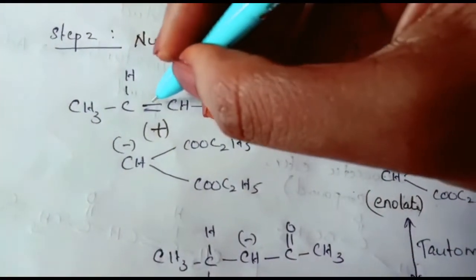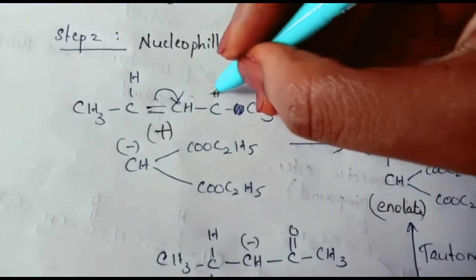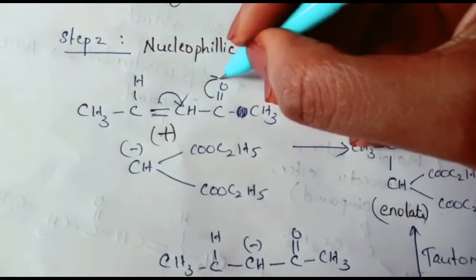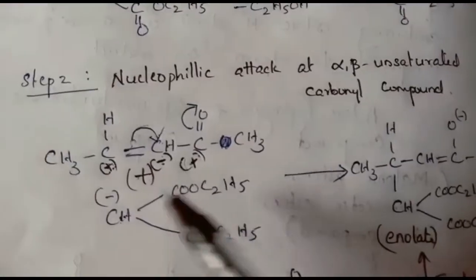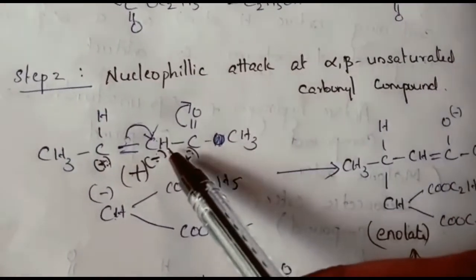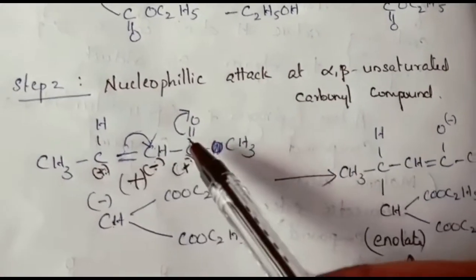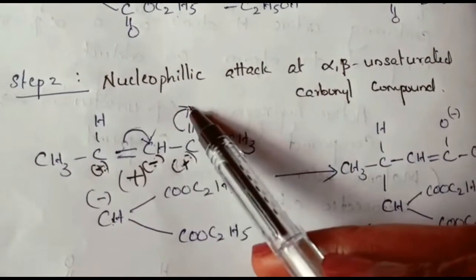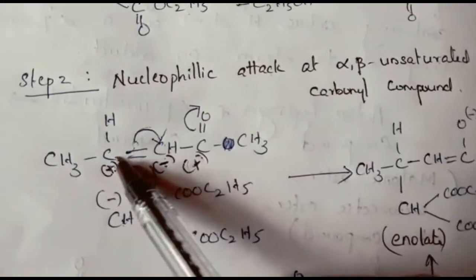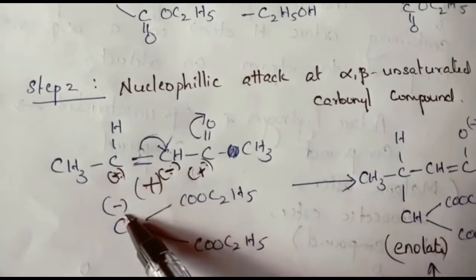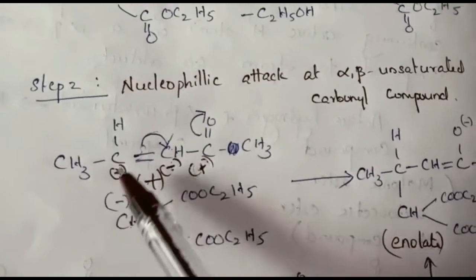This double bond electrons will shift towards here. Then these electrons will shift towards the oxygen because oxygen is more electronegative. When this electron is shifted towards this carbon atom, this carbon atom acquires negative charge, and when the electron is shifted towards the oxygen atom, this carbon will acquire positive charge. So this carbanion, or this nucleophile, will attack this carbon atom.